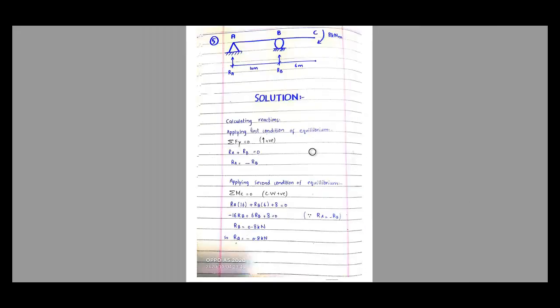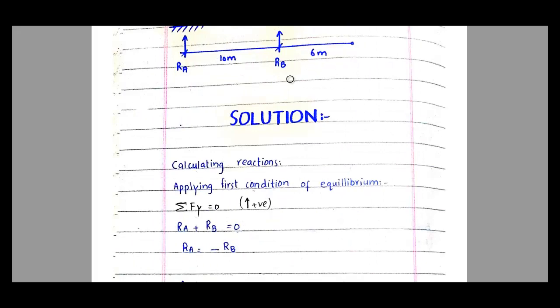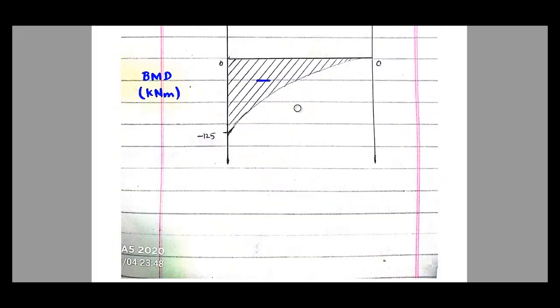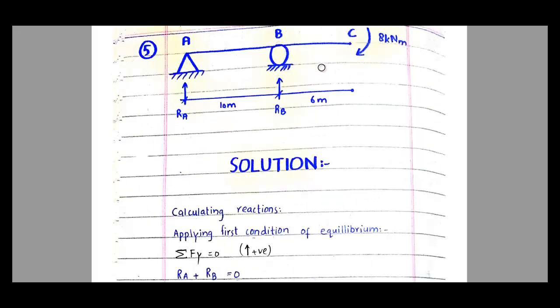Okay, now let's move to the next problem, problem number 5. In this problem we have an overhanging beam with a moment acting at the free end with a magnitude of 8 kilonewton meter. Two reactions are assumed here, RA and RB.